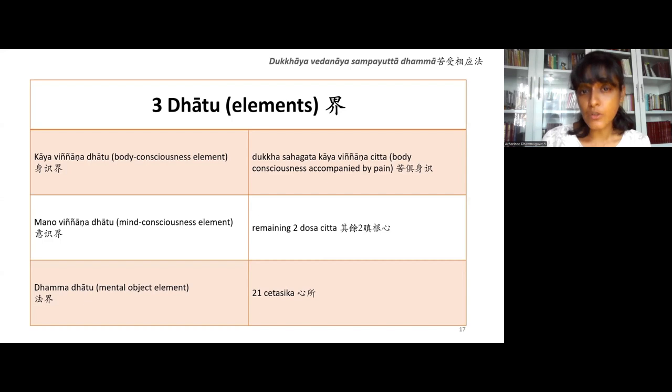So the first dhātu that we get is the Kaya Vijnana dhātu, because it has the Dukkha Sahagata Kaya Vijnana Chitta. So there's one Chitta classified under Kaya Vijnana dhātu. So the remaining 2 dosa Chitta are classified under Mano Vijnana dhātu. And the 21 Chetasika are classified under Dhamma dhātu.